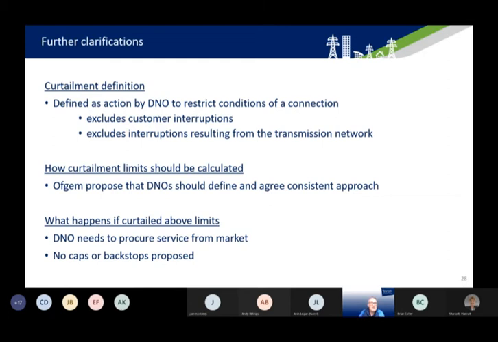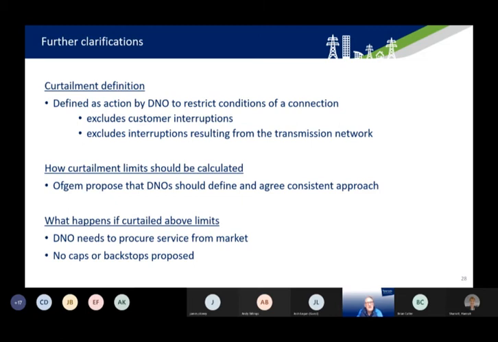In terms of how they should be calculated, that's not been defined yet, but Ofgem are proposing that should be done consistently across the DNOs. So that's a piece of work that's still trying to progress, to work out how that could be done, and I think there's still a bit of work to do in that, if I'm honest.